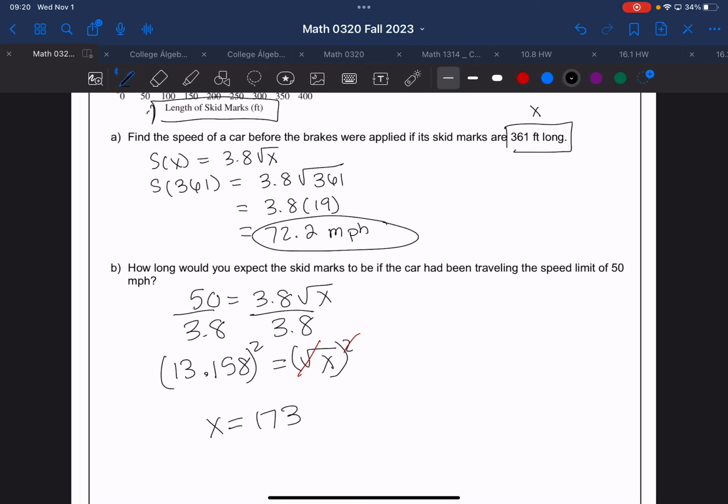What's our units? Good, feet. Meaning if a car was going 50 miles an hour and they had to brake, their car would still travel 173 feet before it came to a full stop.